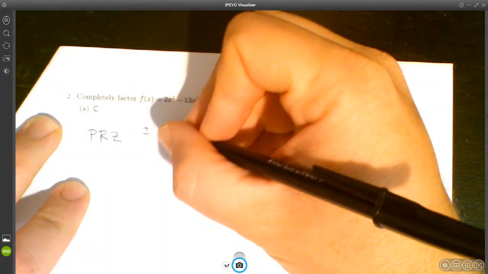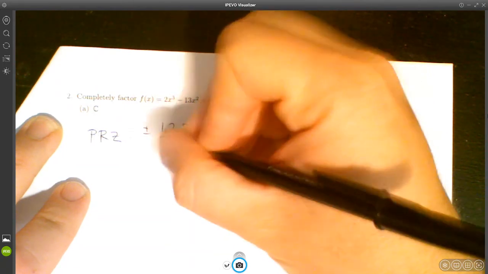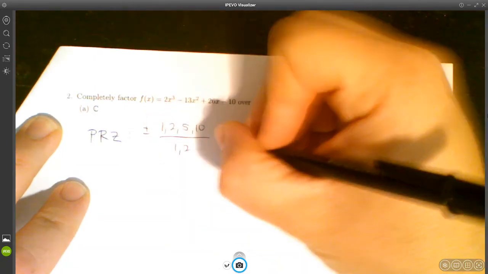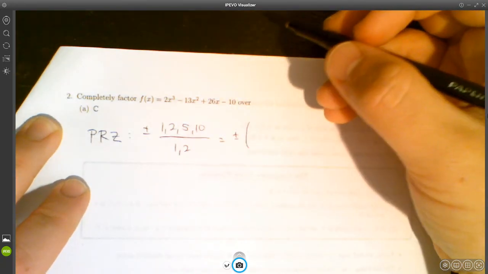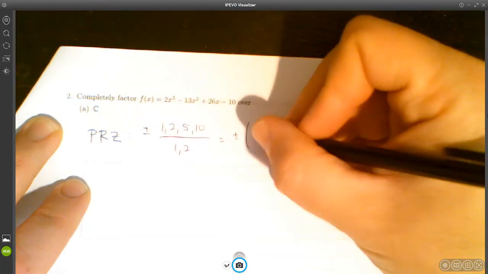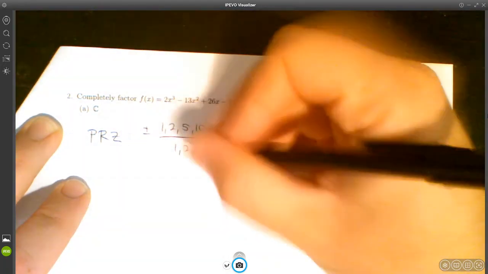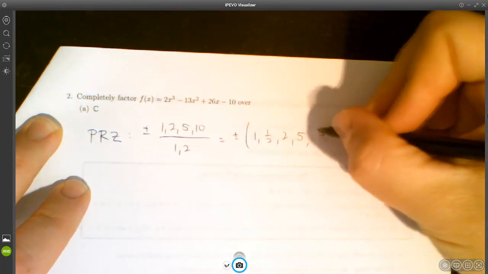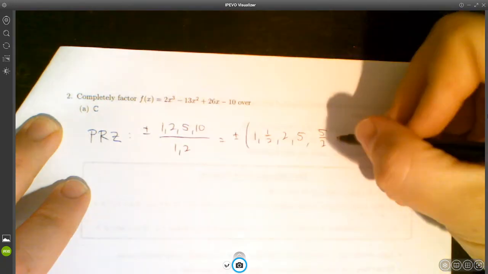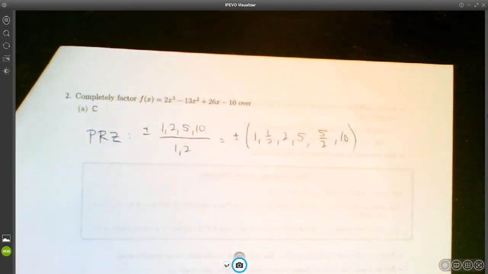So that would be 1, 2, 5, and 10 over 1 and 2. So we're going to have 1, 1 half, 2, 2 halves, which is the same as 1, 5, 5 halves, 10, or 10 halves, which is the same as 5, right? So there are the possible rational zeros. Now we can start testing these.